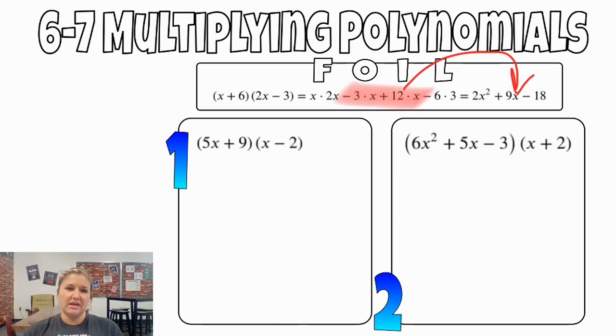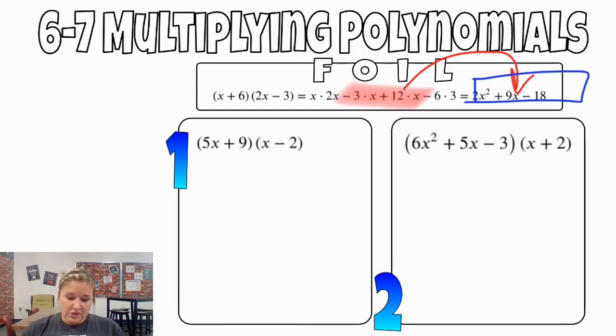Those are your like terms, and they can get together. Now, that only applies through addition and subtraction. So remember, with multiplication, like with our exponent rules, you didn't have to worry about the like terms necessarily. They all multiply out. But with adding and subtracting, they have to be like terms. So after I multiply here, this is going to be my product here, 2x squared plus 9x minus 18.